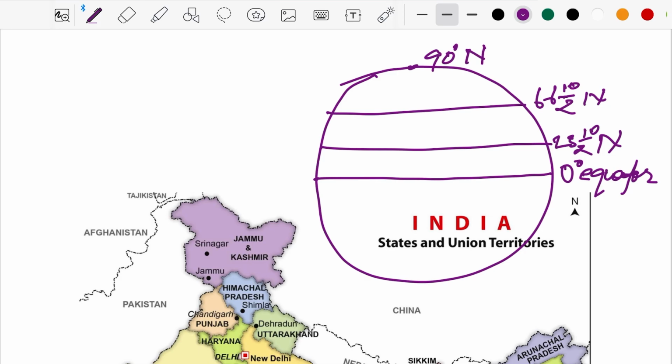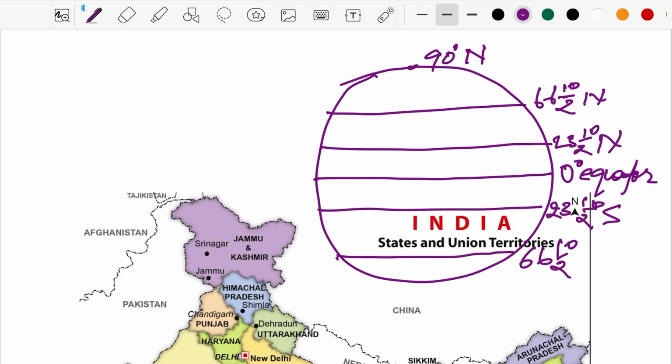Just below the equator is 23.5 degree south, that we call Tropic of Capricorn, and next is 66.5 degree south, that we call Antarctic Circle, and just below it is 90 degree south, that we call South Pole.